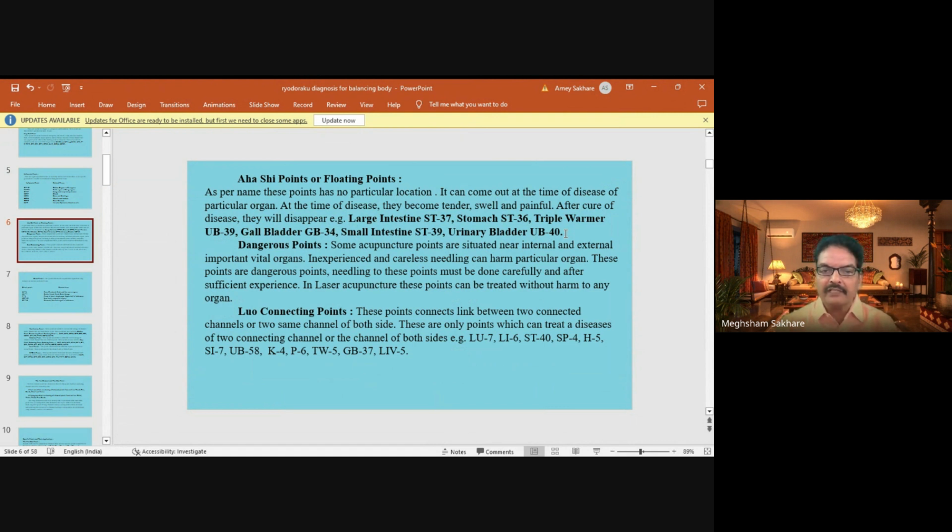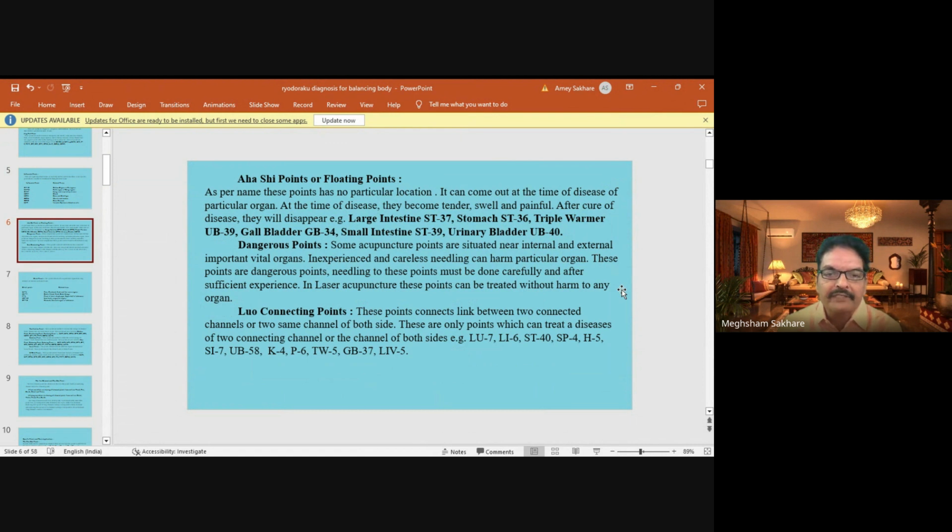There are dangerous points which are situated over vital organs or arteries. These are dangerous for needling and can harm that particular organ or artery. These points are danger points. Needling must be done carefully after sufficient experience. In laser acupuncture, these points can be treated without harm to any organ or artery.